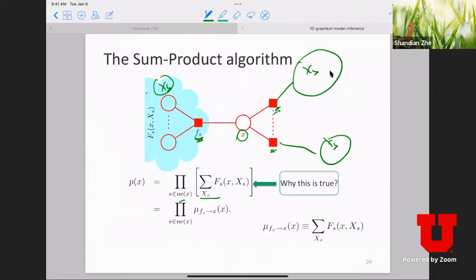And remember, when we do marginalization, we sum over all the variables in different subtrees. But because the nodes in different subtrees are non-overlapping, so are the factors. So their summations are independent of each other. That's why we can move the summation from outside to inside. That's the key observation.